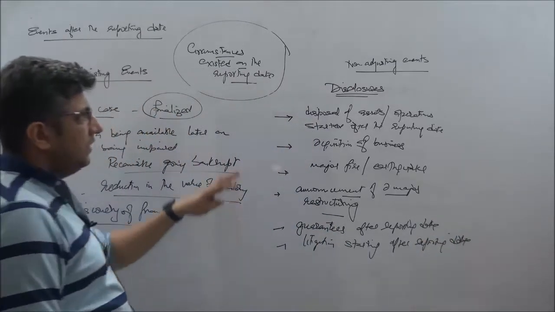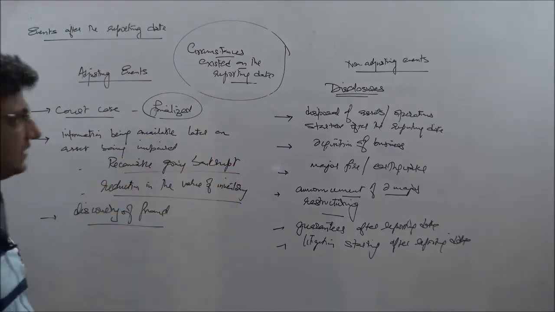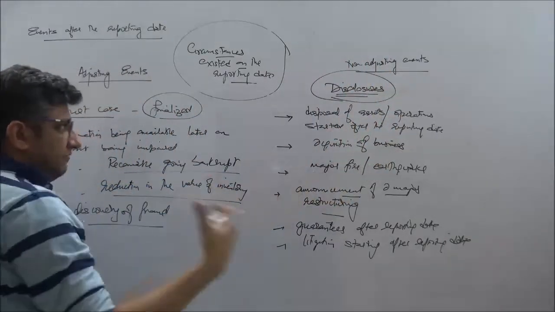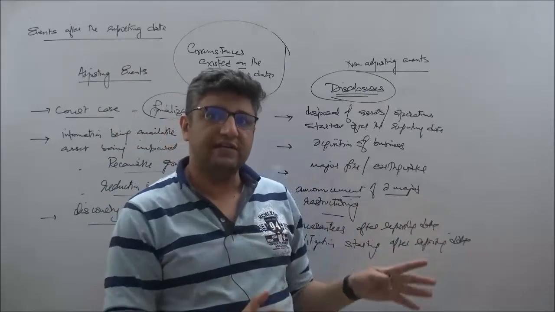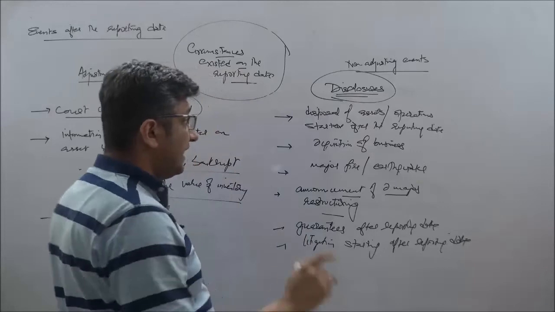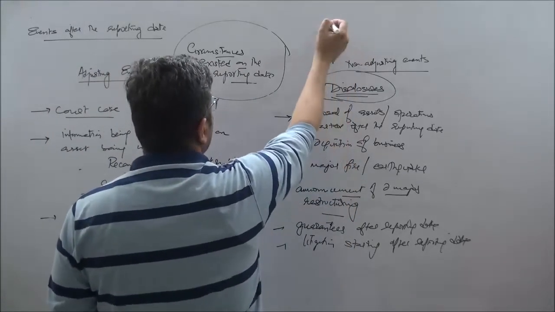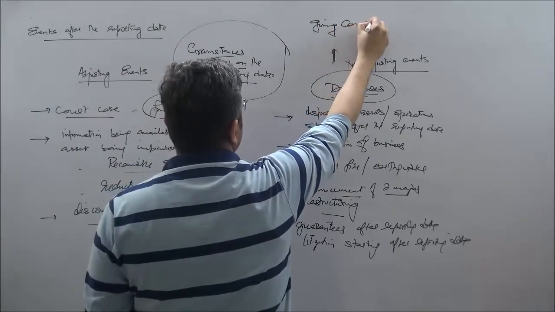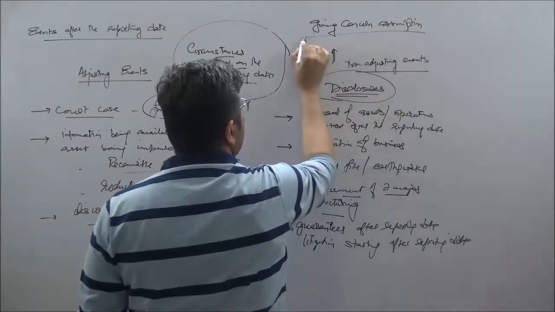Now, importantly, when you look at non-adjusting events, the focus is primarily on disclosures, and when I say disclosures, you are expected to provide all relevant details, including the quantitative disclosure, as we said before. And very importantly, you need to look at whether the going concern assumption is valid or not.